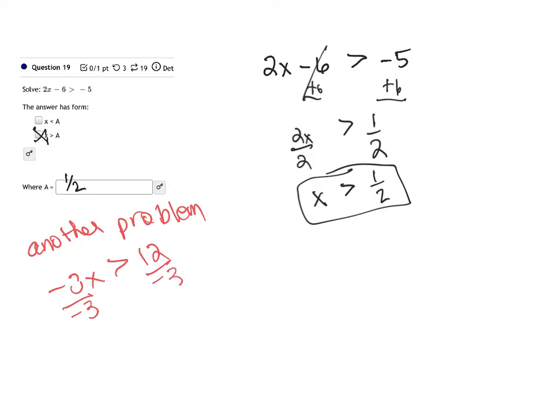Whenever you divide by a negative number, you have to change the direction of this symbol. So it would go from greater than to less than. Everything else would be the same, but you would change the direction of the symbol. So whenever your last step is to divide or multiply by a negative number on both sides, that's going to change the direction of your symbol.